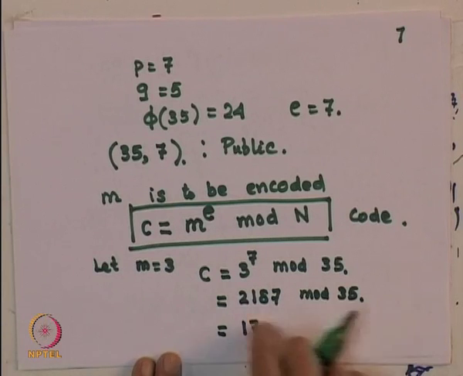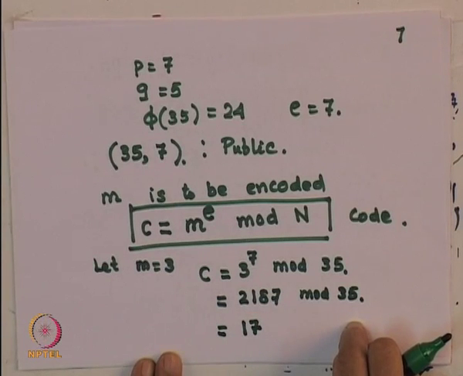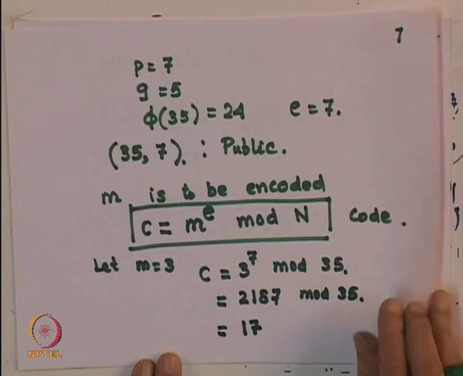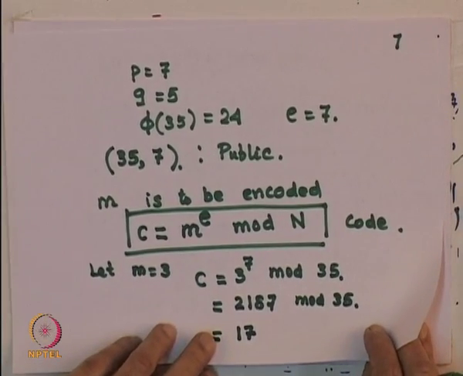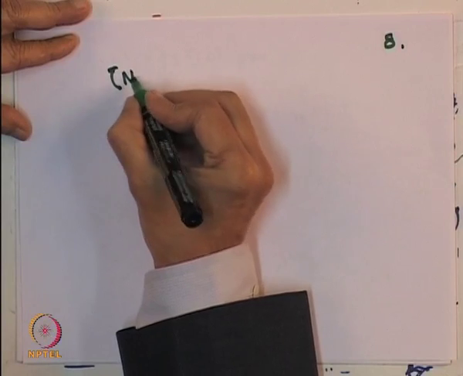It's a very trivial division and the remainder will turn out to be 17. So therefore, instead of using 3, the person who is sending a message to Bob, our name for this person now is Eve. So Eve uses this code and sends a message using this N and E.